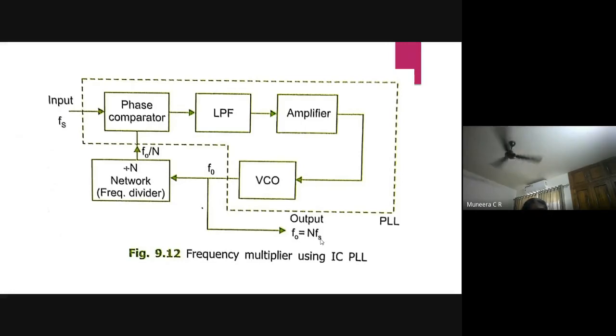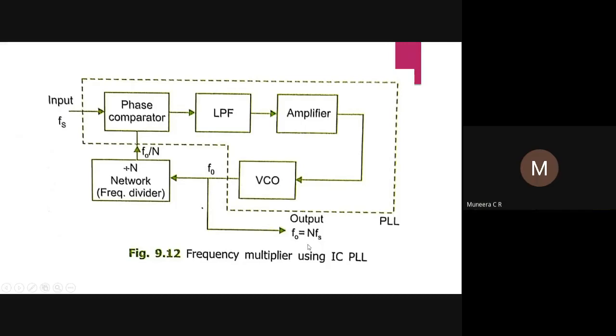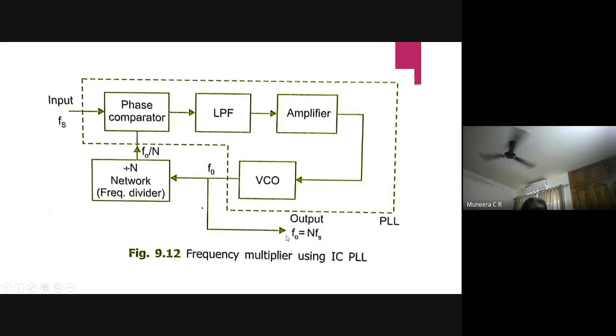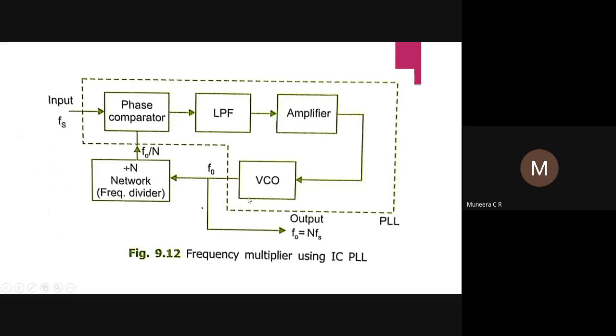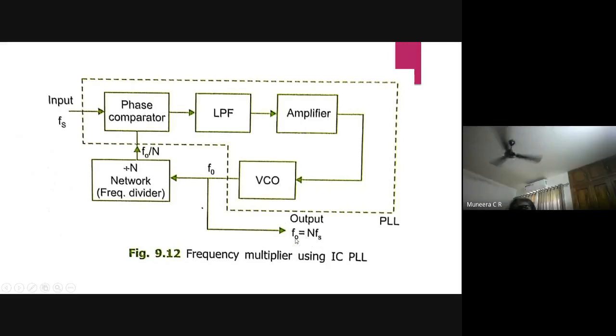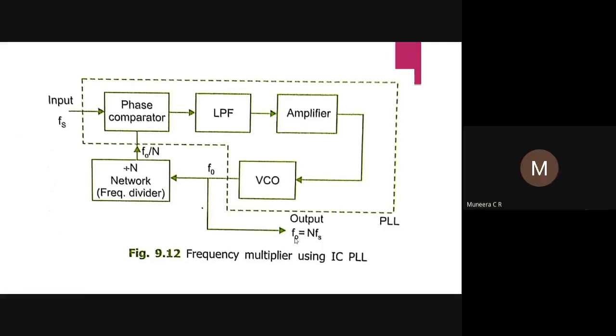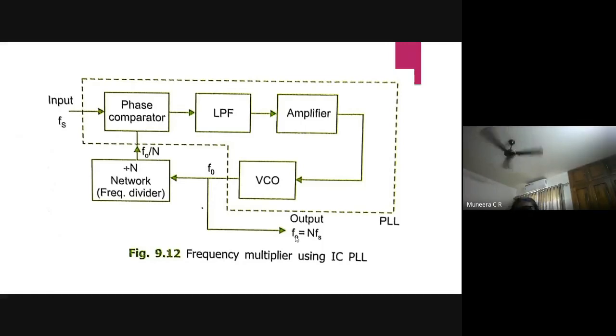So F naught is equal to mFs. Fs is equal to mF naught by n if you are using a divider network. Of course, you can select this m and n so that you have a multiplication factor like m by n.